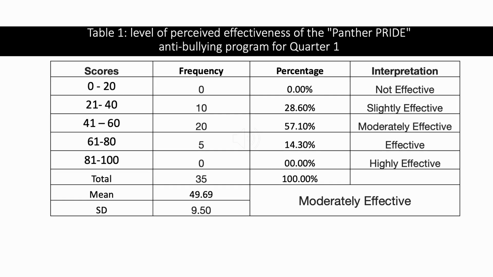Here is the possible table presentation for research question 1.1. Please note that the frequency and percentage values were derived from the contingency tables, while the mean and standard deviation were obtained from the descriptives table. The possible table presentation for research question 1.2.